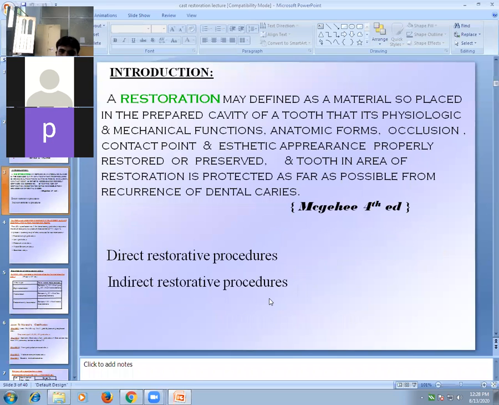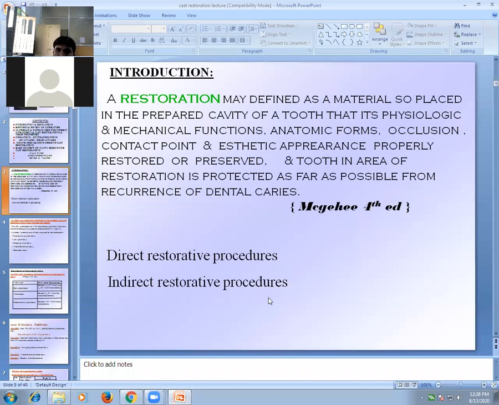So what is a restoration? Simply, a restoration can be defined as a material placed in the prepared cavity of the tooth so that its physiological and mechanical functions, anatomical form, occlusion, contact points, and aesthetic appearance are properly restored or preserved, and the tooth in the area of restoration is protected as far as possible from recurrence of dental caries.